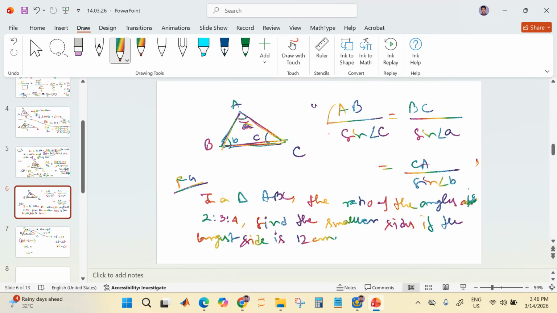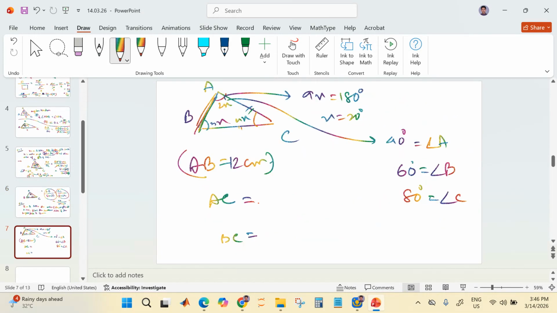So AB by sine C equals to BC by sine A. So 12 by sine C, C means sine 80 degree, that will be equals to BC by sine A. BC you have to find. Sine A, A means 40 degree, sine 40 degree. So BC can be written as 12 into sine 40 degree by sine 80 degree.